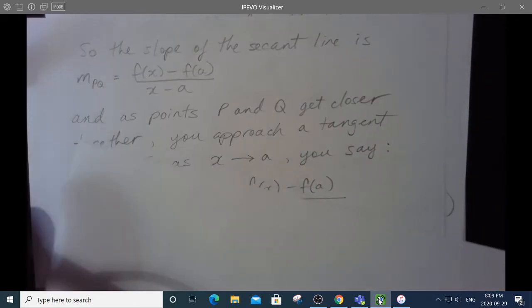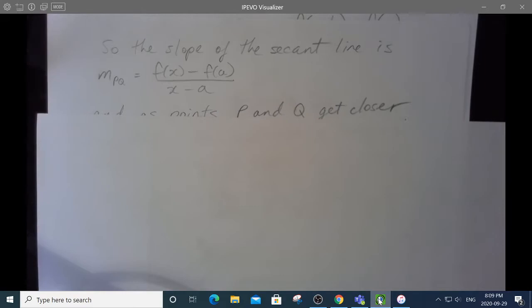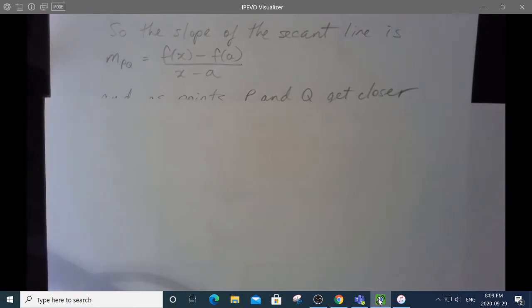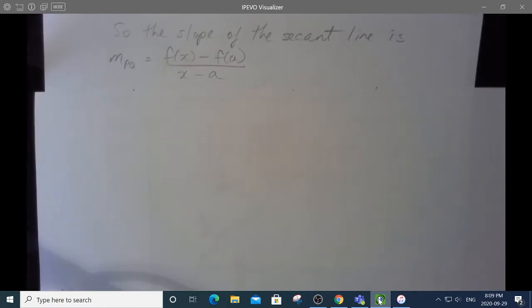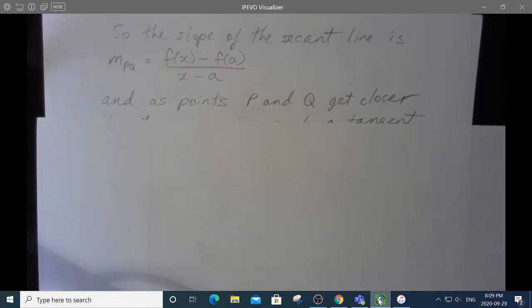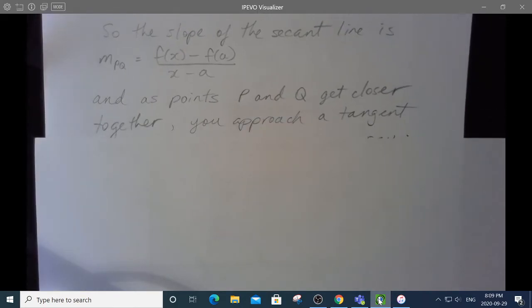So the slope of the secant line is the slope from P to Q, which is that. I kind of already drew that in the diagram. Jot that down again, and then think about it this way. As points P and Q get closer together, you approach a tangent line.